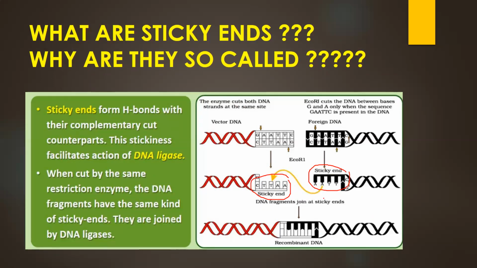This is known as sticky ends. Now, why do we call them sticky ends? These are named sticky ends because they form hydrogen bonds. These two will come and get joined over here with hydrogen bonds with the complementary parts. The sticky end facilitates the action of the enzyme DNA ligase by readily forming hydrogen bonds with the complementary strand.